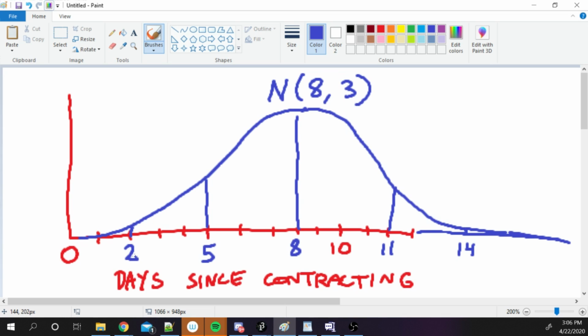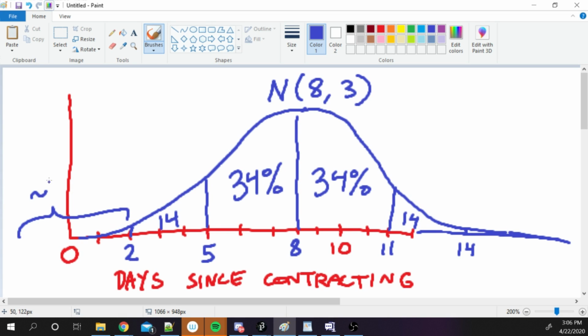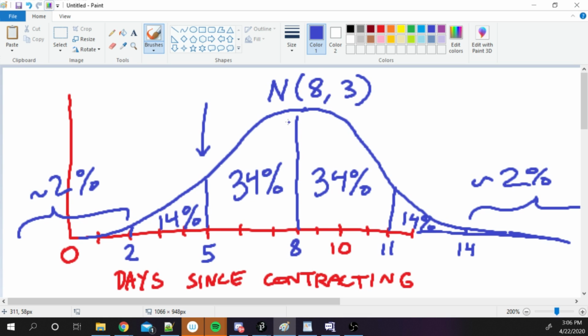And like all normal distributions, we have 34% of the population residing here, 34% here, roughly 14, 14, and then 2, and 2. Now, is this accurate? Probably not. I've seen reports saying that the mean is actually at 5, which is way off of here, but other places report a week, so it's hard to say for sure, but let's use this as a starting point.